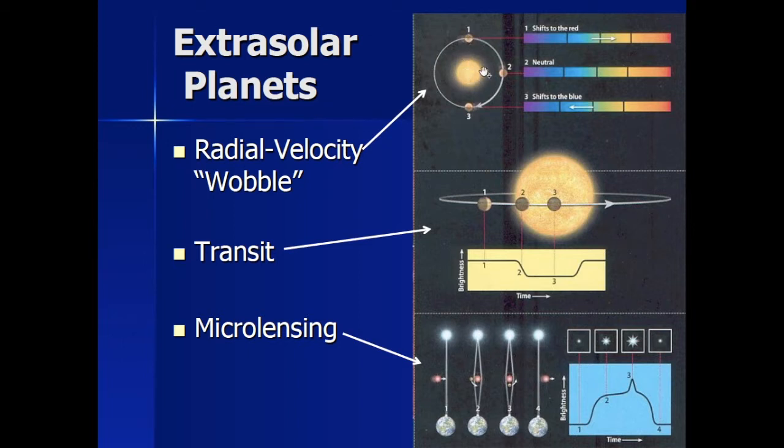So if we're looking at a star and we're looking at its spectrum, we're able to see if that spectrum is coming at us or away from us. And if it's moving back and forth, it's quote-unquote wobbling, we know that something is causing that star to gravitationally shift. And usually that means that there's a planet orbiting around that star.